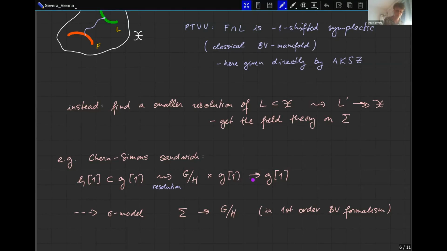So this is now a nice submersion. And now you can probably start believing me that if you plug all those things into the formulas, what we get in the end is a Batalin-Vilkovisky type of description of the sigma model with target G mod H. That G mod H really comes from here.